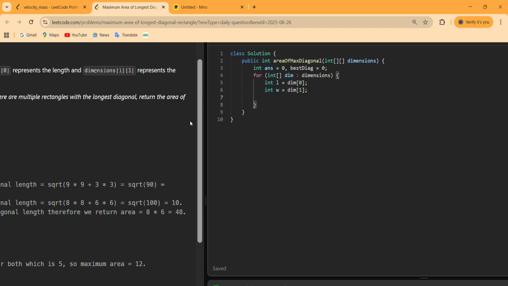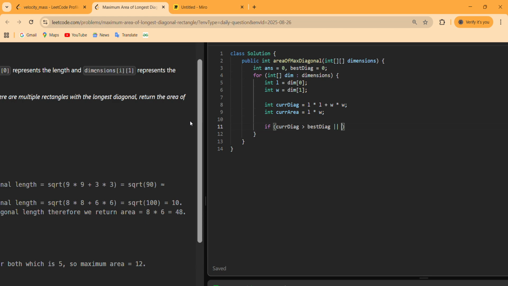Now we have to find our current diagonal, and that will be L square plus W square, and our current area will be L cross W. We have to check whether our current diagonal is greater than our previous best diagonal.